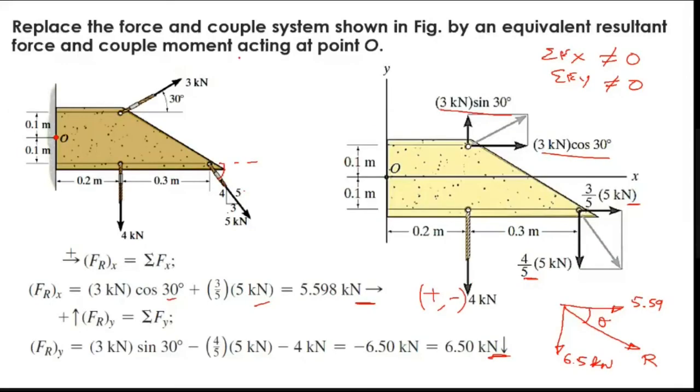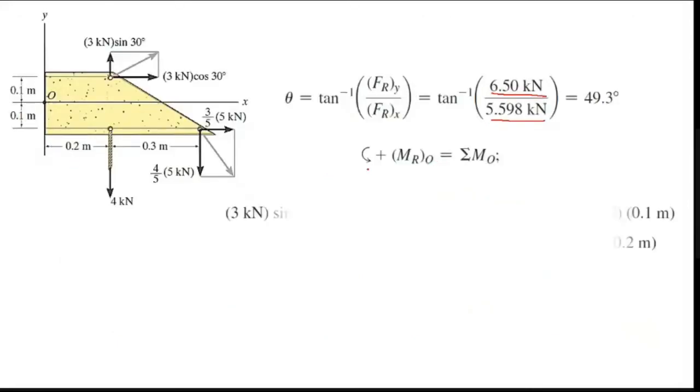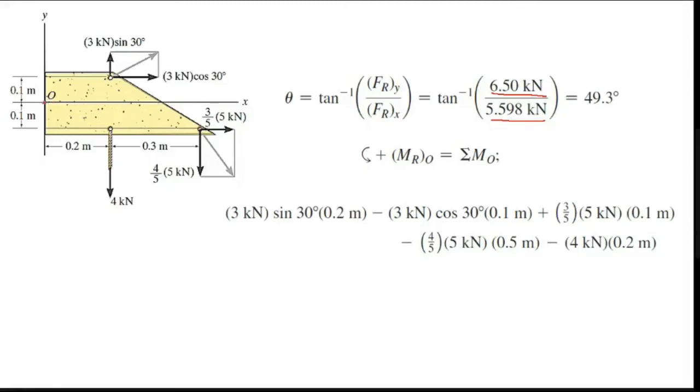I'm going to shift all these forces to point O, which means I'm going to take moment at point O. For all the forces: 3 sin 30 into 0.2; 3 cos 30 into 0.1, rotation is clockwise; 3 by 5 into 5 into 0.1, rotation anti-clockwise, positive; 4 by 5 into 5 into 0.5, negative; next, 4 into 0.2.